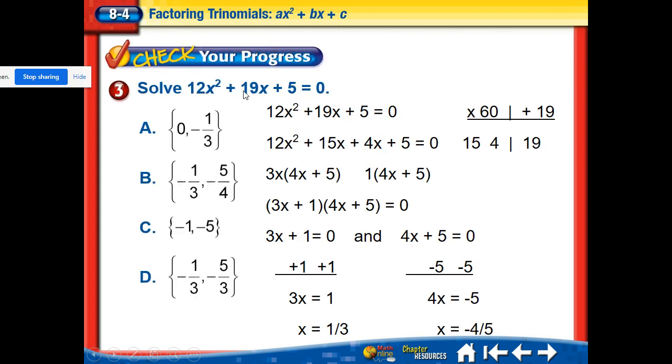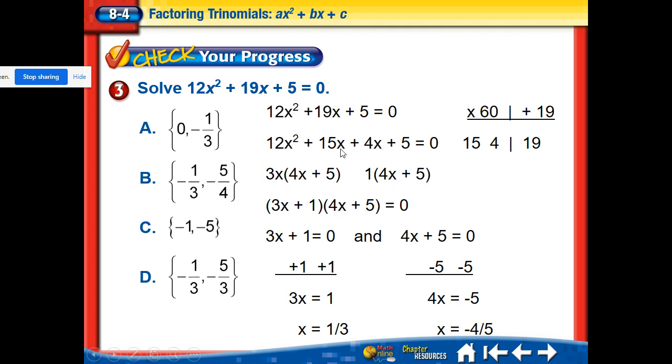We can even do them with the hard problems. We can use the zero product property to solve these. So still we're going to do the 12 times 5 because it does equal 0, so we can use the zero product property. So 12 times 5 is 60. Has to add up to be 19. We can go through all the different possibilities, but it's 15 and 4. So 12x squared plus 15x plus 4x plus 5.